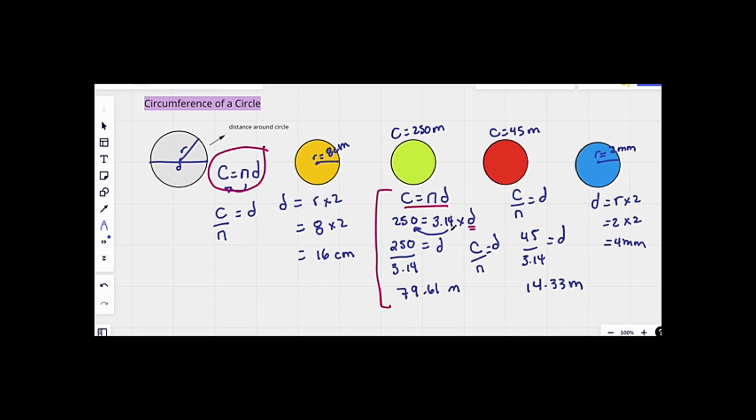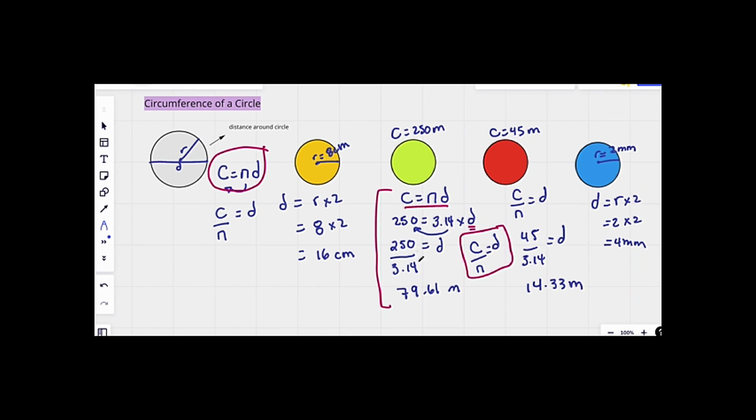So I was teaching a little bit of algebra there. In order to do that and leave the d by itself, you have to move this 3.14 to the other side, and because it's multiplying, we always do the opposite. The opposite of multiplication is division. And so when we move it to the other side, this is what we get: 250 over 3.14, which is the same thing as this other formula that we have here, circumference over pi.